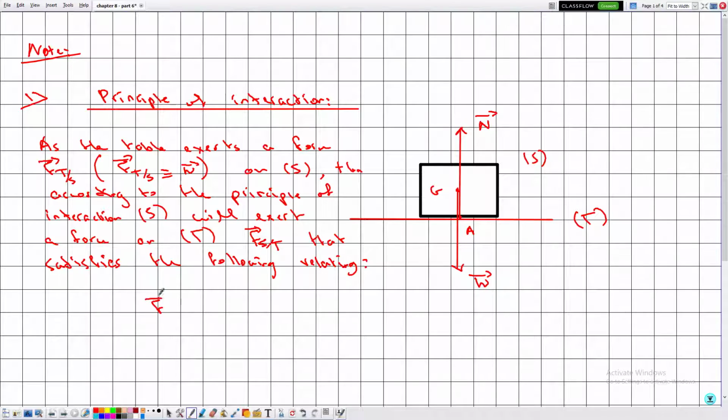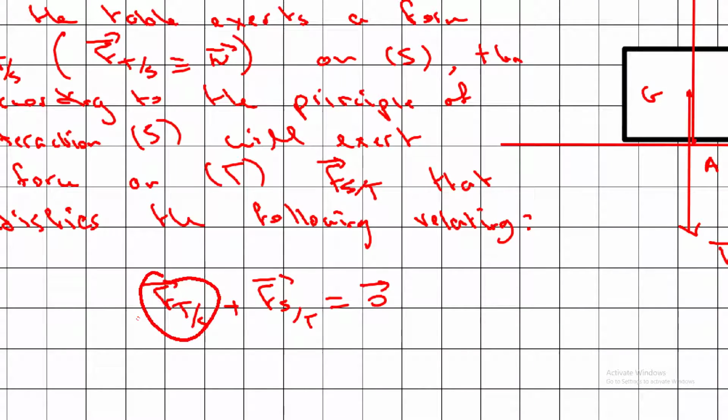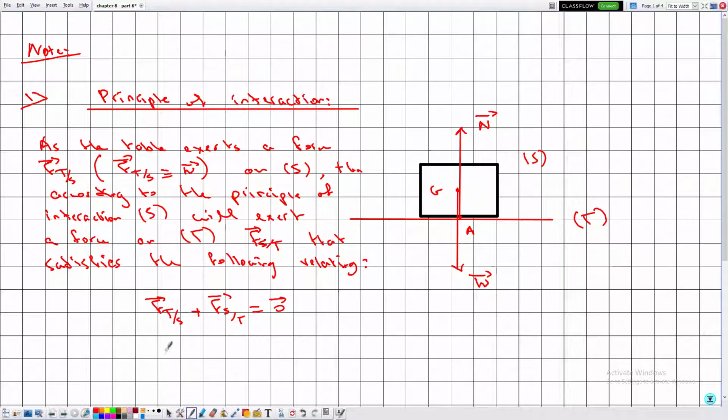F T on S plus F S on T is equal to 0 vector, and we know that F T on S is given by the normal reaction. So normal reaction plus F S on T is equal to 0 vector.